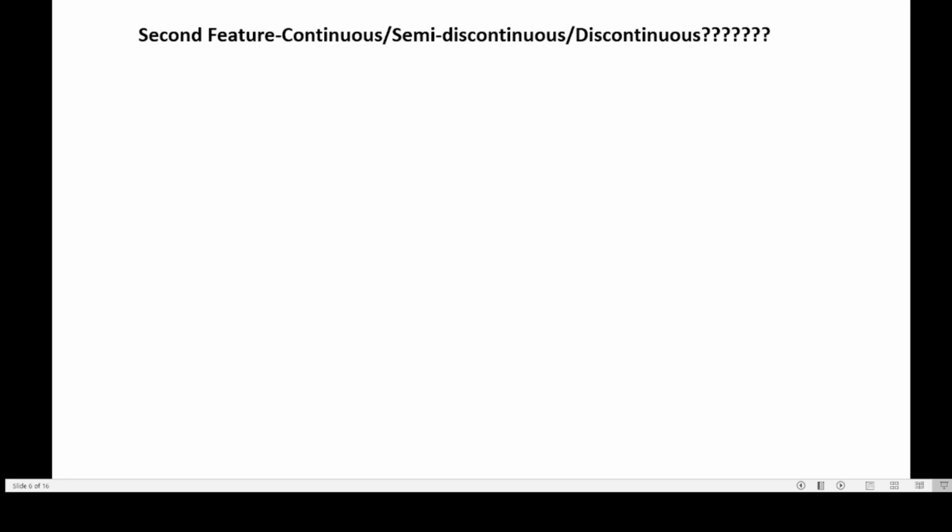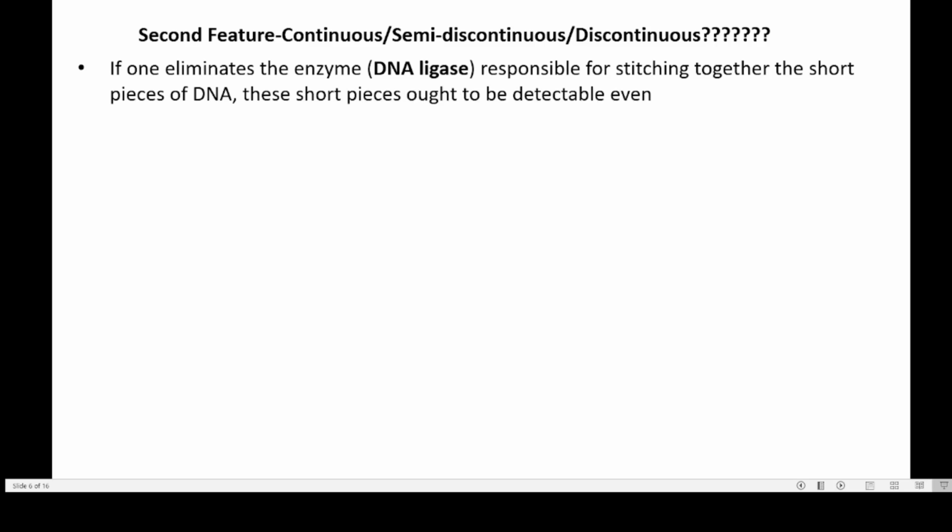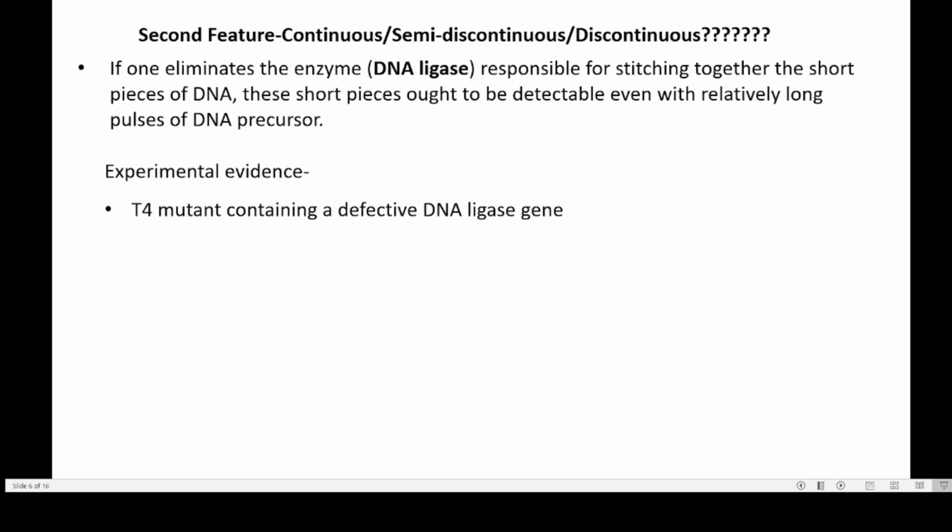If one eliminates the enzyme DNA ligase responsible for stitching together the short pieces of DNA, these short pieces ought to be detectable even with relatively long pulses of DNA precursor. Experimental evidence for this goes like this. They took a T4 mutant containing a defective DNA ligase gene.